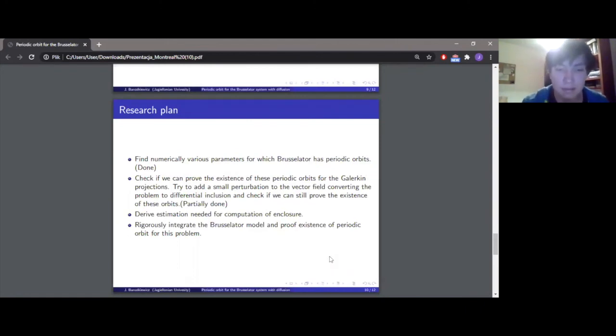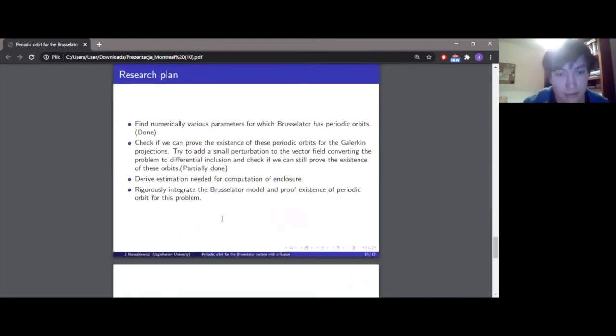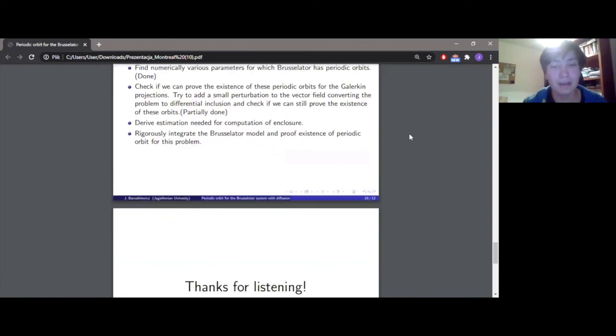Okay, and this is partially done, and other work that we have left is to derive the estimation needed for computation of the enclosure, and the last goal is to rigorously integrate the Brusselator model and prove existence of the periodic orbit.